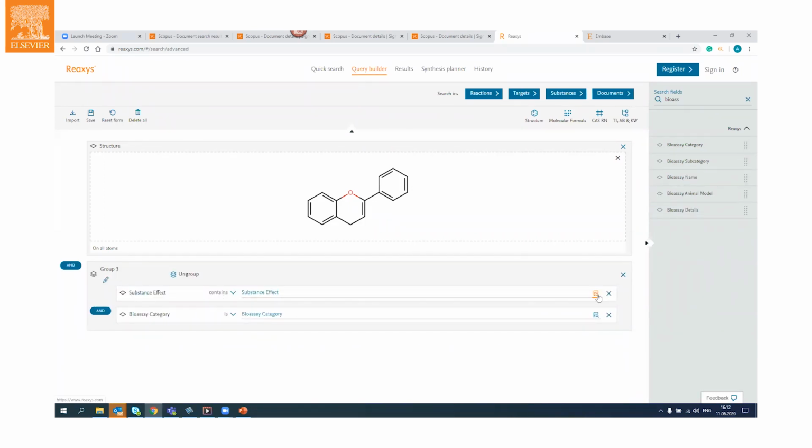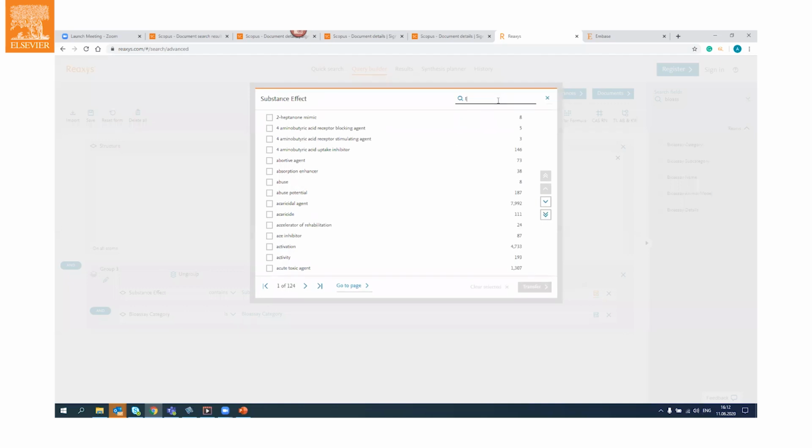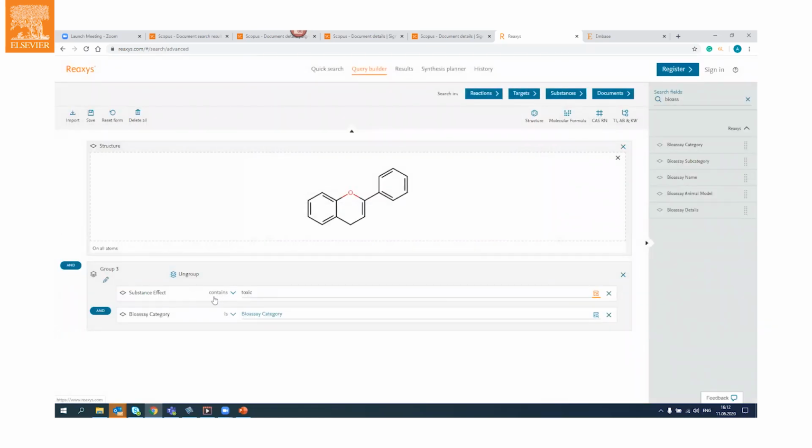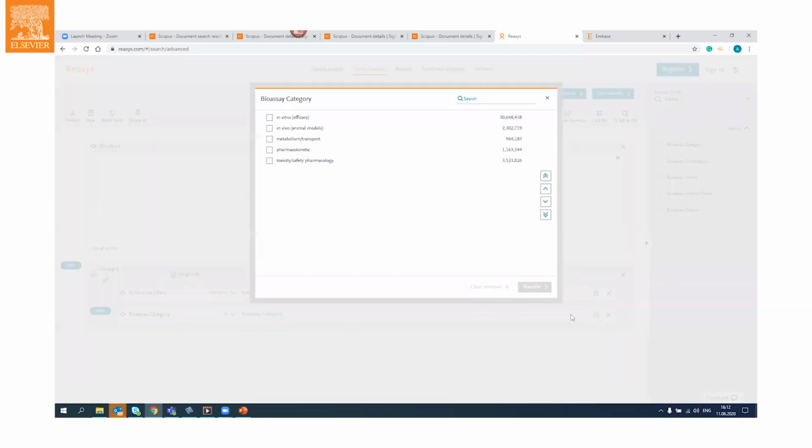So substance effect, we can browse it. You see there are different types of toxicity, also some cytotoxicity available. So my suggestion is to put contains toxic to cover all of them, and also we can select some specific bioassay.